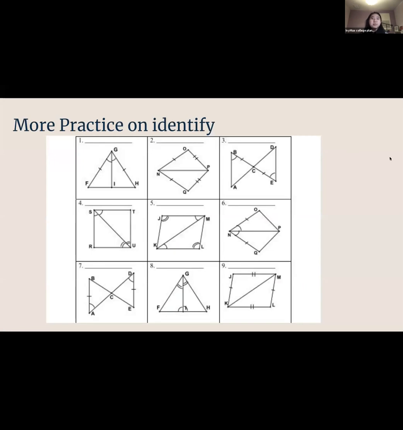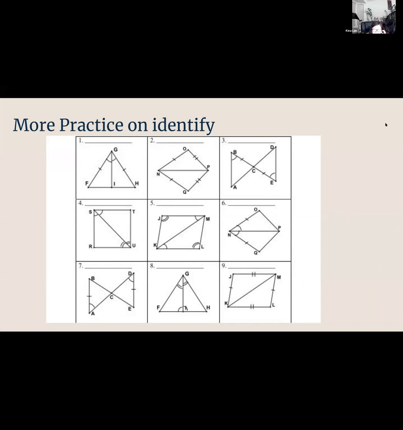Okay, so more practice, but don't be afraid. Let's do 1, 2, 3 together. So 1 and 2 was Kina, and 3 and 4 was Sophia.